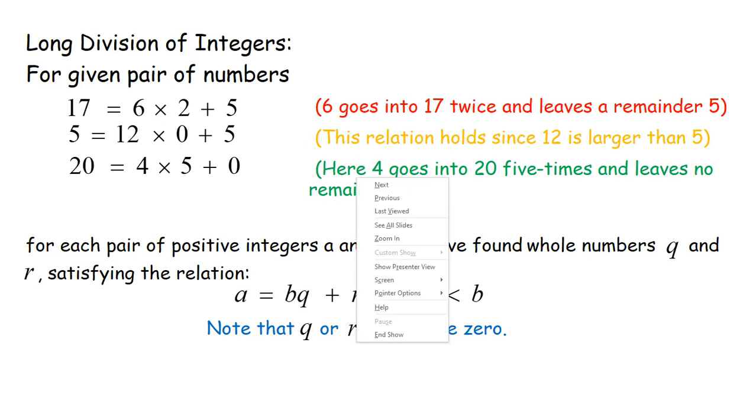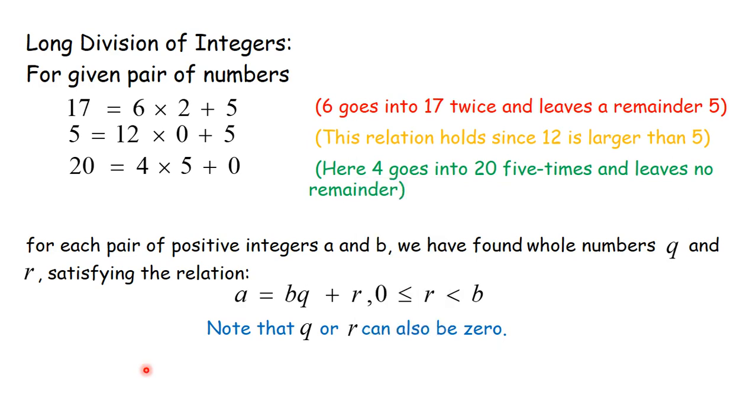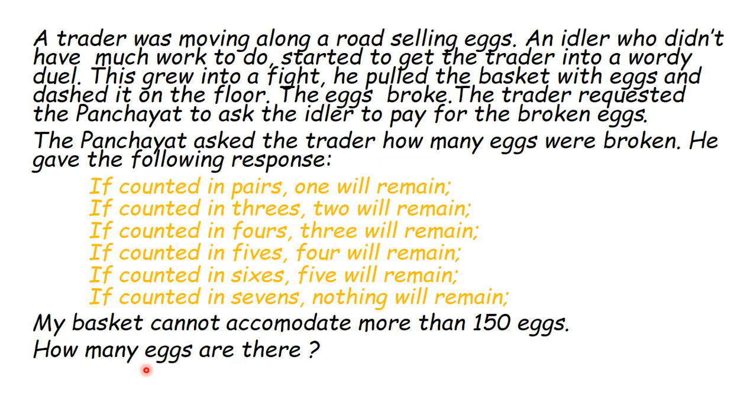Now there is one puzzle given in your textbook. Suppose a trader was moving along a road selling his eggs. An idiot who didn't have much work to do started to get the trader into a wordy duel.